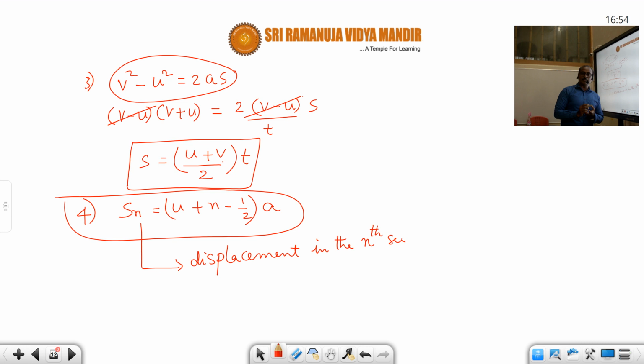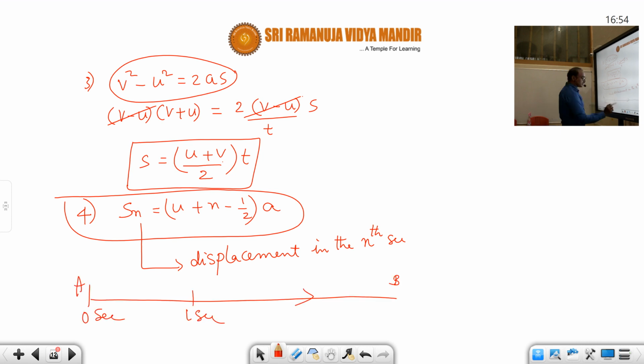As we already discussed about a particular second in average velocity, recollect that information. Suppose an object travels from A to the point B. Let us say it started here, this is equal to 0 second. Let us take here 1 second, here 2 seconds, and here 3 seconds.